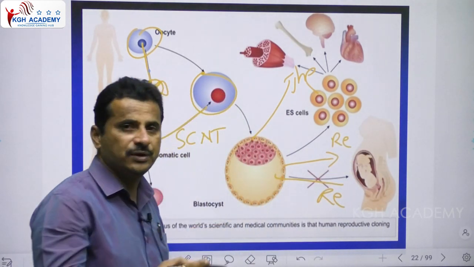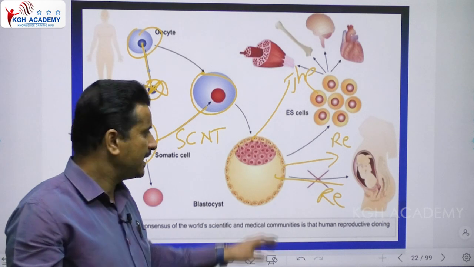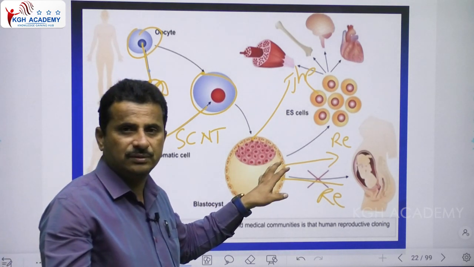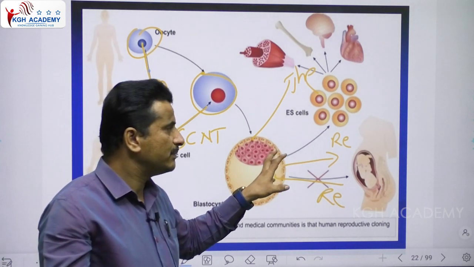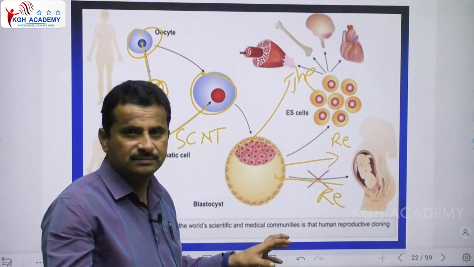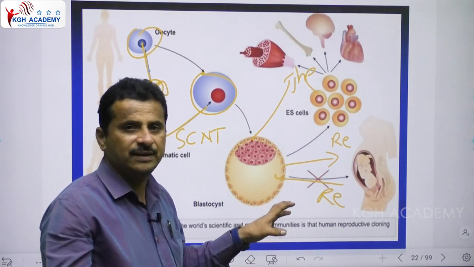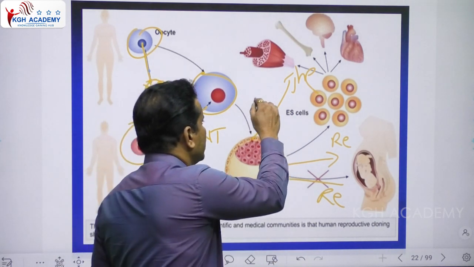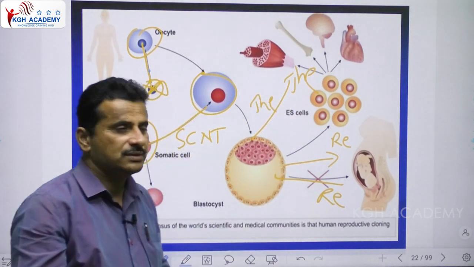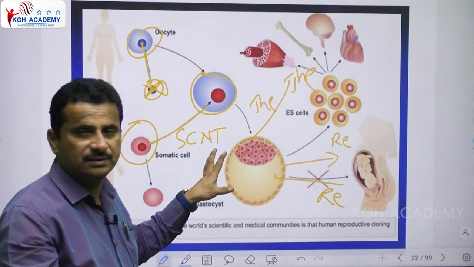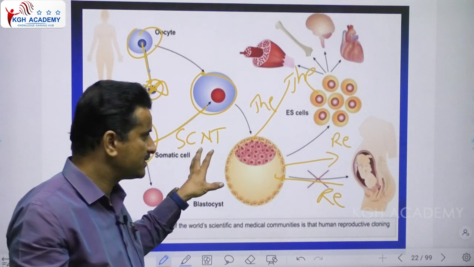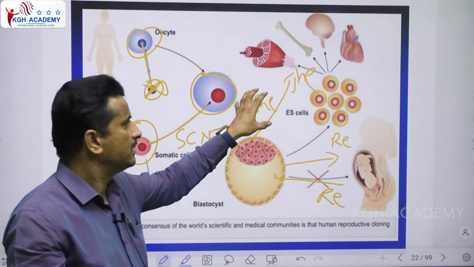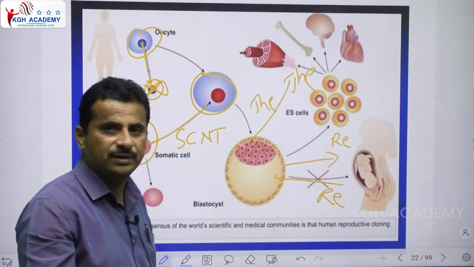Here, another organism is reproduced. The same embryo used to isolate embryonic stem cells to treat different types of diseases is called therapeutic cloning. So this slide is very clear: somatic cell nucleus transfer, therapeutic cloning, and reproductive cloning.